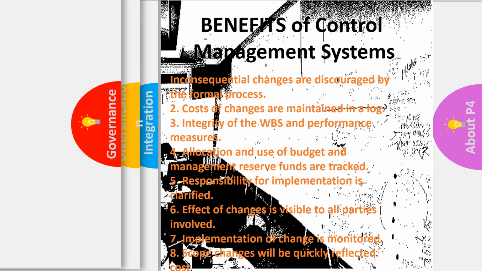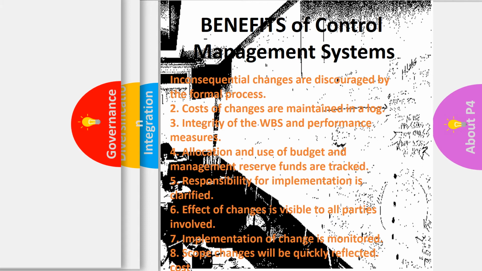The benefits of control management systems include cost savings, integrated in the work breakdown structure and performance, as we mentioned before. Allocation of use of budget and management of reserve funds are tracked. Responsibility for implementation is clarified. Effect of changes is visible to all parties involved.